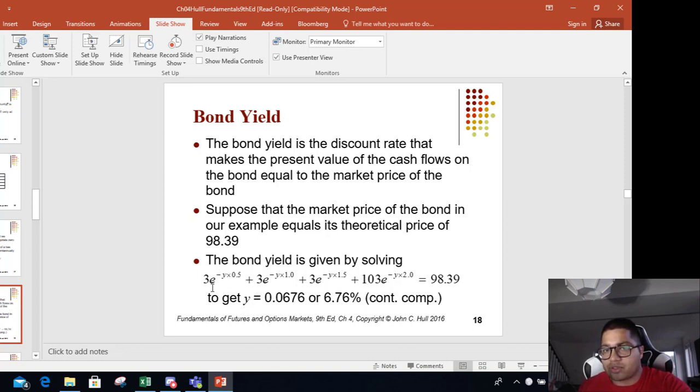Then you will use y as your yield and try to compute yield. Now computation is not there in your syllabus, thank God, because for calculating it you have to use trial and error. It's very difficult to calculate it using this equation. So that's why the solution is not there. But you need to know, whenever you're using continuous compounding, you put the price in and then you know the cash flows, so you find out yield.